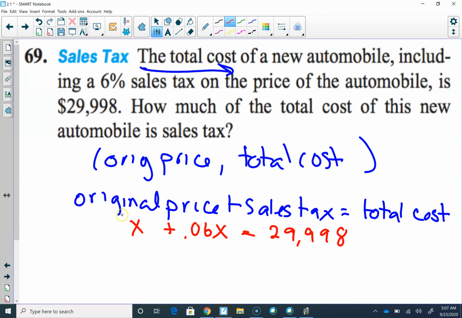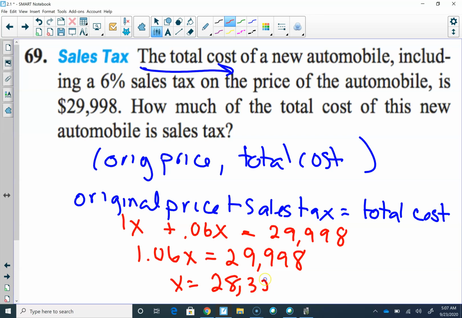So I have an X plus a 0.06x, that's going to be 1.06x equals 29,998. Divide by 1.06, that's going to give me 28,300 as my original price.